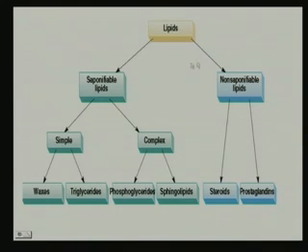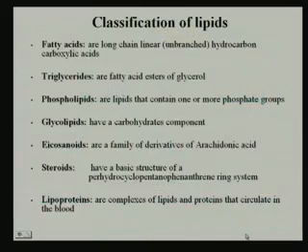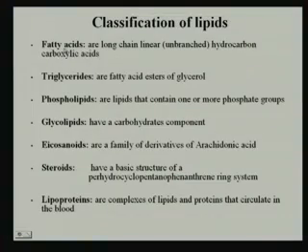Another group is the non-saponifiable lipid. Steroids and prostaglandins are some examples of that. As I have mentioned, the classification is done based on the backbone structure of these lipid moieties, so obviously the structure of these lipid molecules comes into the picture. Fatty acid is one such long chain linear unbranched hydrocarbon present in the lipid moieties.